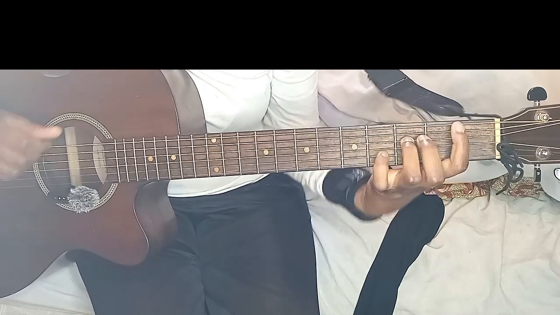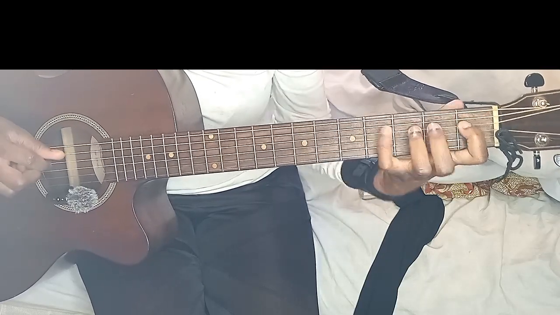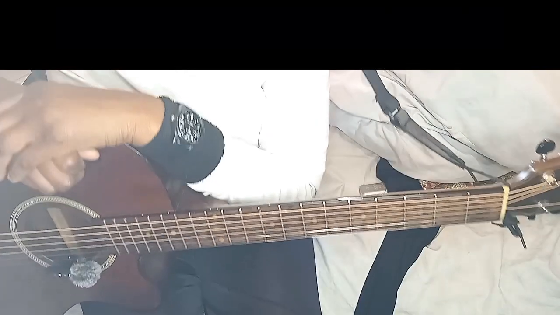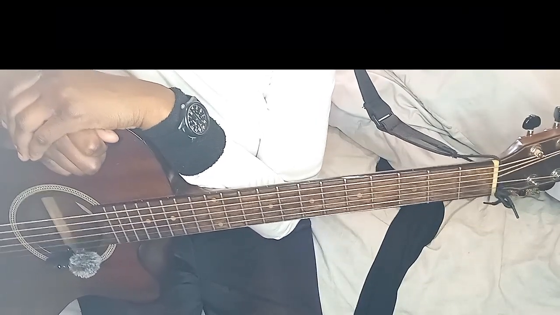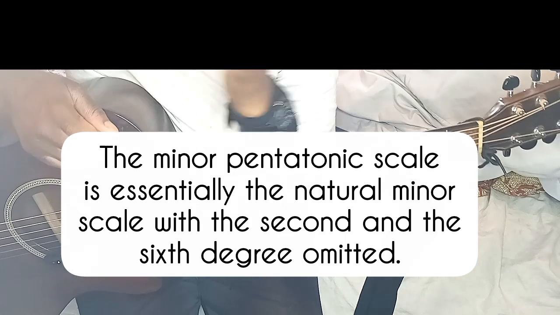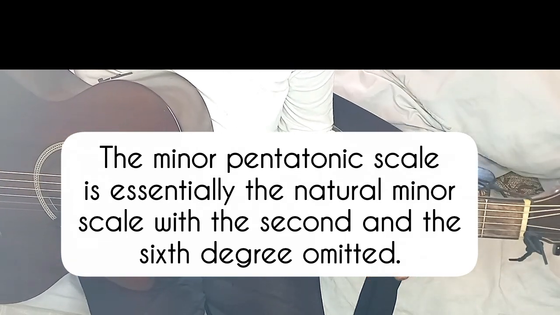F, A flat, B flat, C, E flat, F. Now, essentially, the minor pentatonic scale is basically the natural minor scale without the 2nd and the 6th degree.